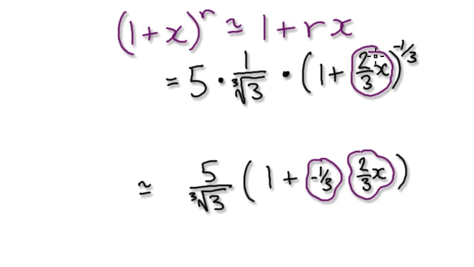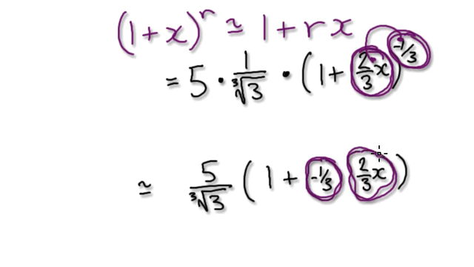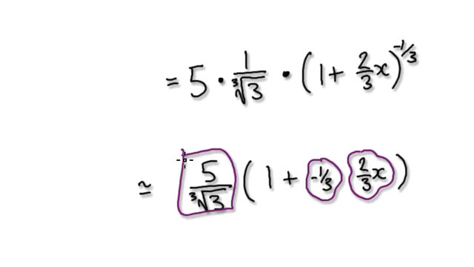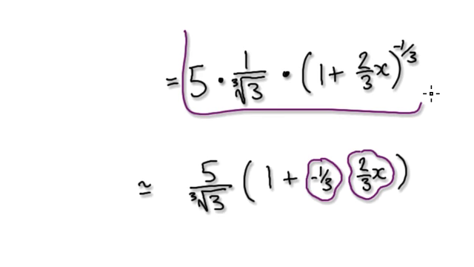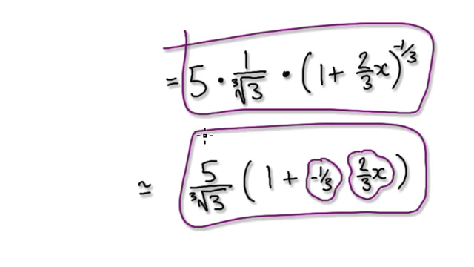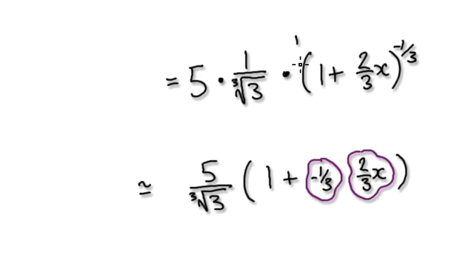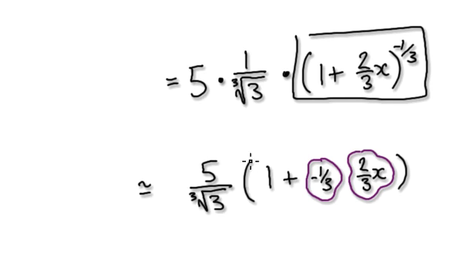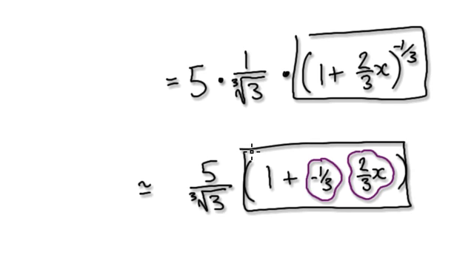So this is our x here, this is our r here. So simply this times this, which is this here, times this, which is this here. And this is just a constant. So from here we will get to here. Basically, this block here approximates to this block here.